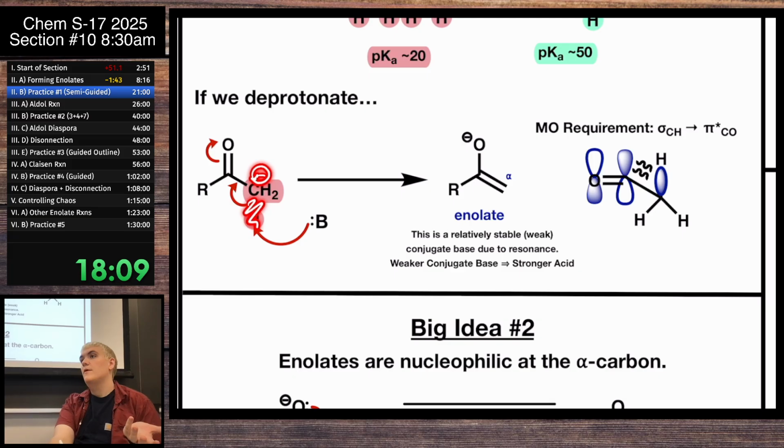That's a pKa of about 50. What allows this to be acceptable is if the electrons here can flow into the pi bond, making resonance happen. Right now this is an sp3 hybridized carbon, but once you deprotonate it, it all becomes sp2, right? Because there's resonance with the 3 atoms.